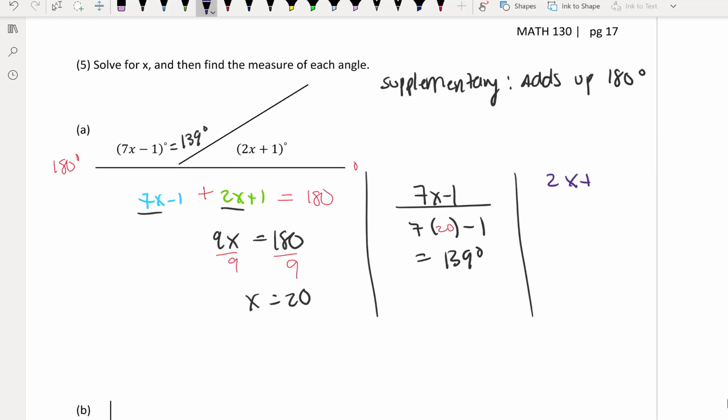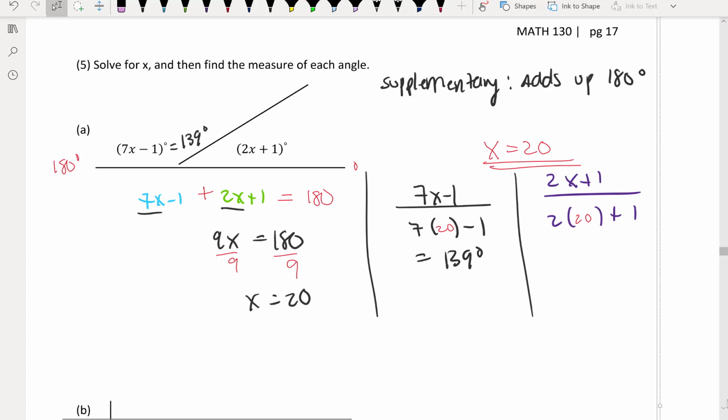I have this 2x plus 1 degree. So now I'm going to plug in the x value there. The x value that we found was x is equal to 20. So 2 times 20, which is 40, plus 1 is going to give you a total of 41 degrees. So this is equal to 41 degrees.